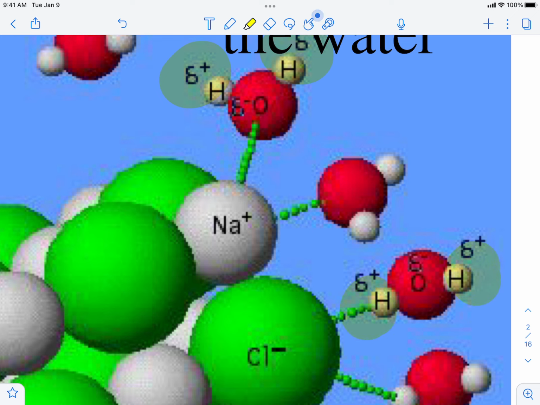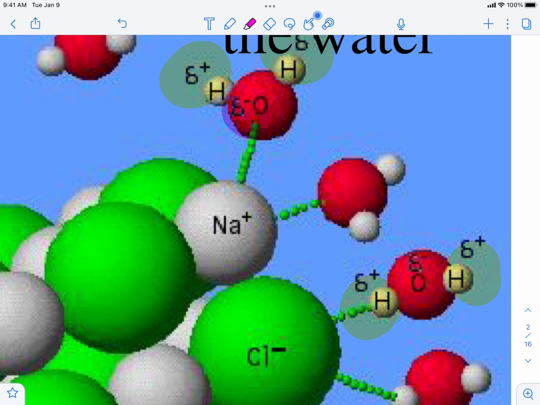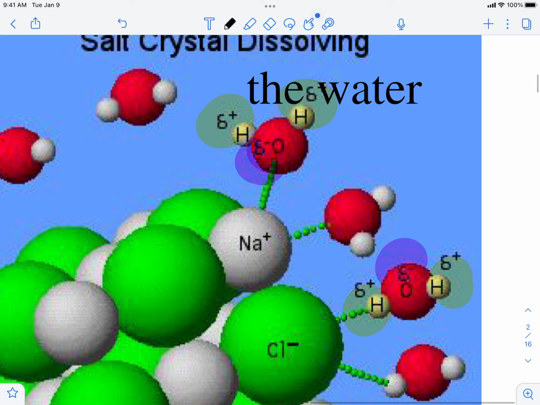You guys see that? Each hydrogen is listed with a delta positive. That's a partial charge. The oxygen side is partially negative. So every water molecule has a partially positive and negative side. If I were to draw it here on this one, this would be delta positive. This would be delta negative.